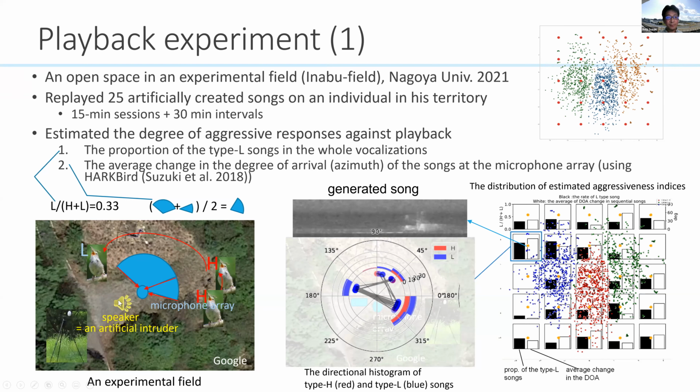The speaker replays the artificially created sound, so it is like an artificial intruder. In this case, the degree of change is about 80 degrees. For these indices, a higher value means a more aggressive response from this individual.